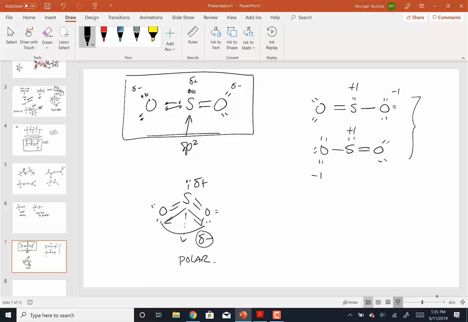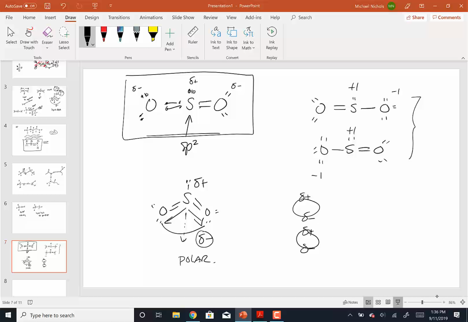And the question is, what does it mean to be a polar molecule? What it means to be a polar molecule is that you have an unequal distribution of electron density in your molecule. So you've got an area of delta plus and an area of delta minus, such that the delta plus end of one molecule can line up so the delta plus ends will be attracted to the delta minus ends.